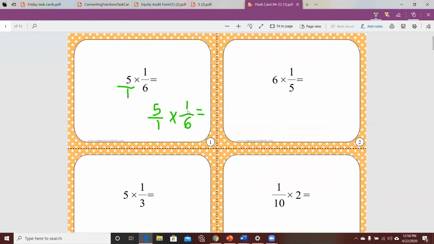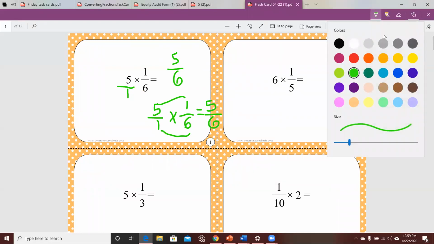Remember, this is a shortcut way if you didn't have a number line that you could use. Just multiply across. 5 times 1 is 5, and 1 times 6 is 6. You just multiply across. So your answer is 5/6. All right, let's try another one.